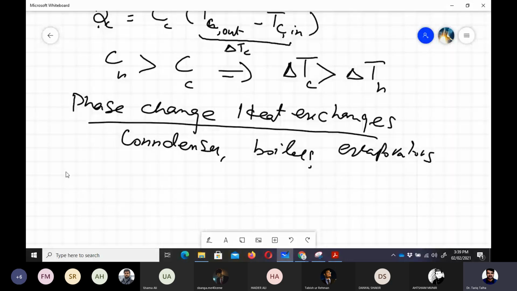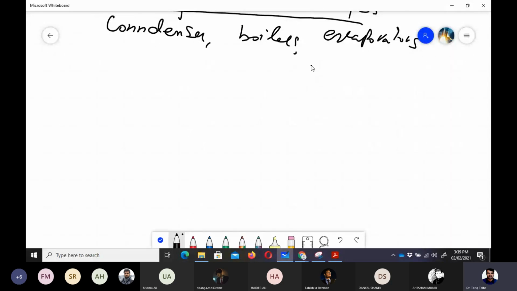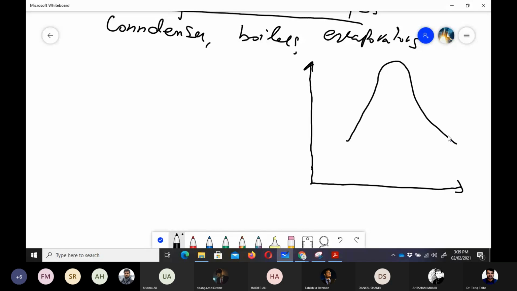If you remember the Rankine cycle, if I draw it for your convenience here, it was kind of a Rankine cycle. Whenever phase is being changed, these are the processes from here to here.